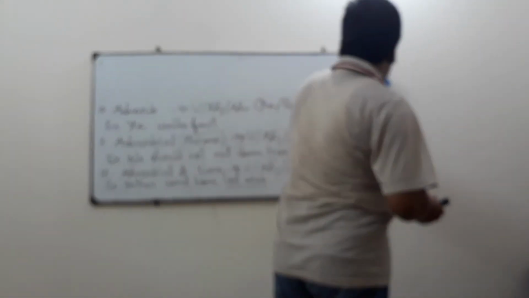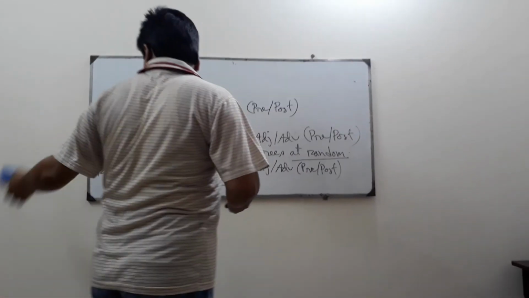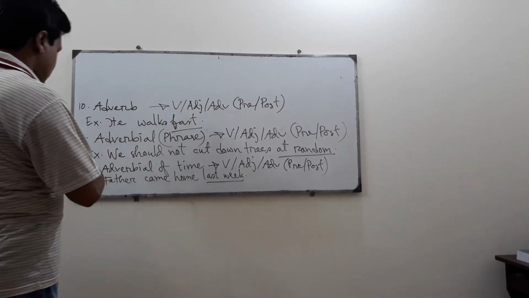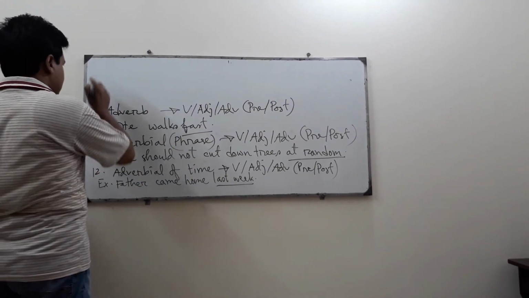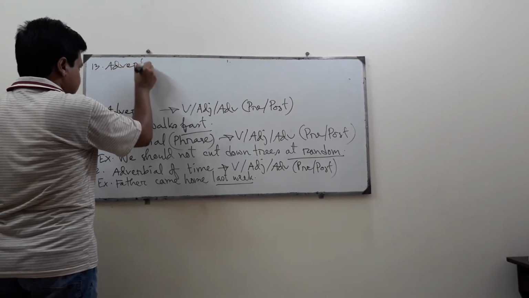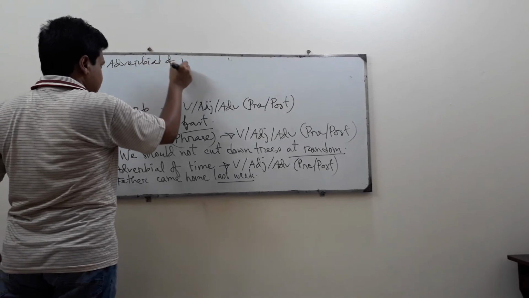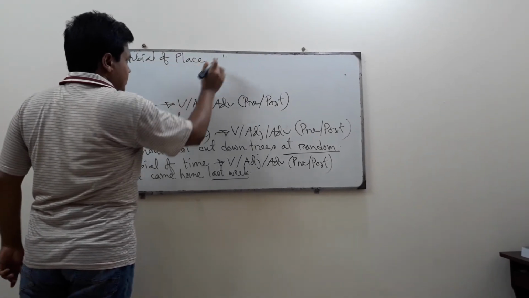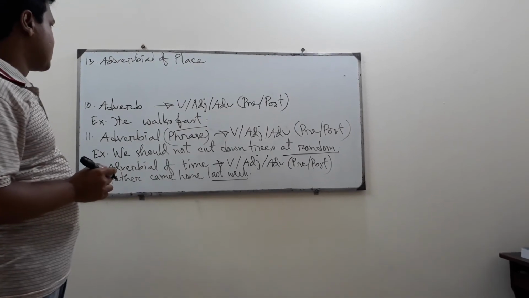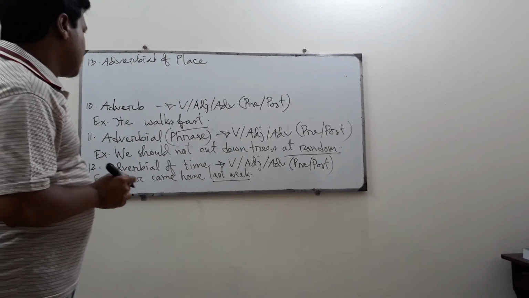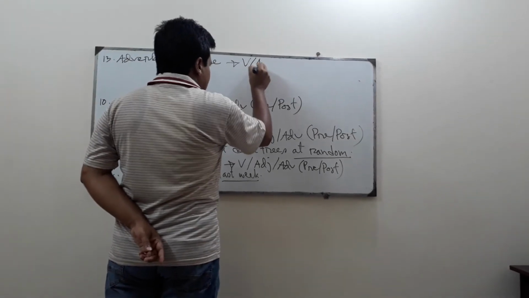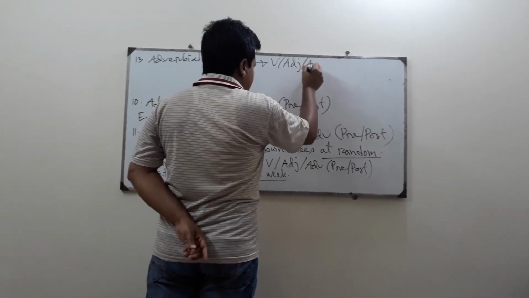Look. Adverbial of place. An adverbial of place indicates a place and it also modifies a verb or an adjective or an adverb.